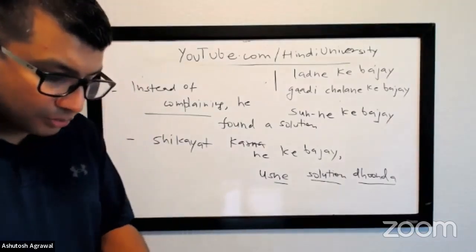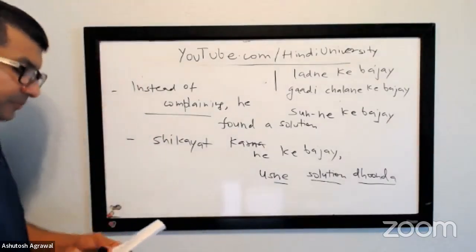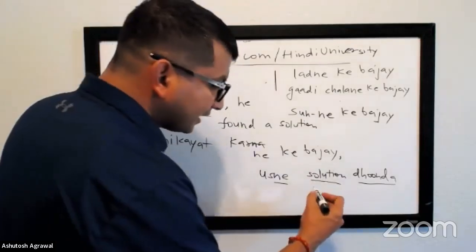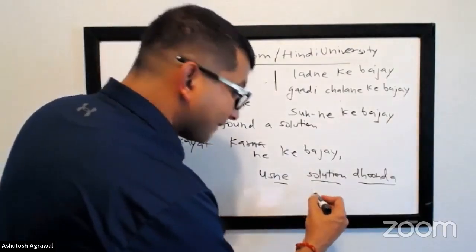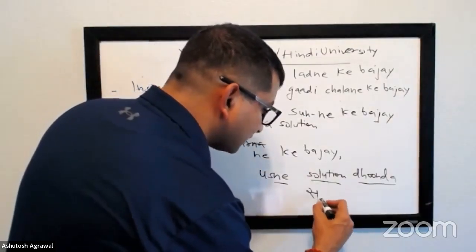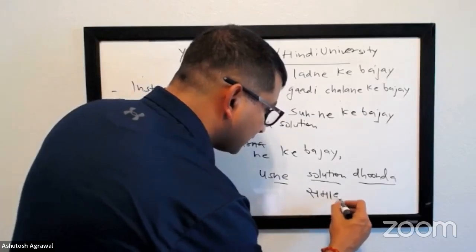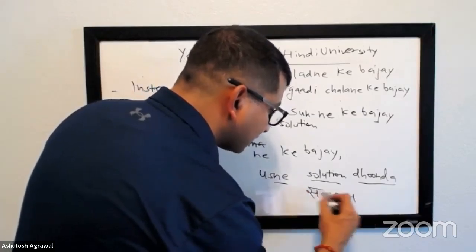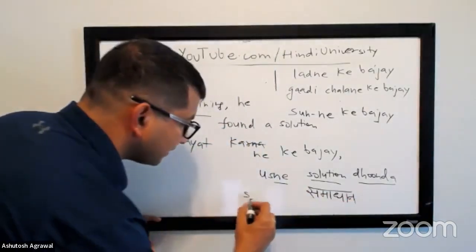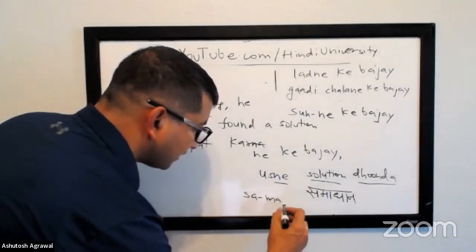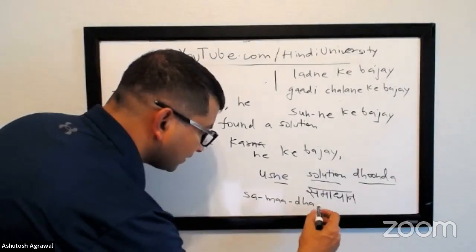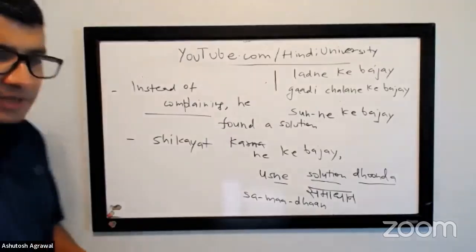Right? उसने solution ढूंढा. Or if you want to use the word for solution, that would be, anyone? Samadhan. Very good. Samadhan. So you have sa, ma with a, and dha with a, and then samadhan. Okay. Sa, ma, and then dhan. One word. Samadhan. उसने समाधान ढूंढा.